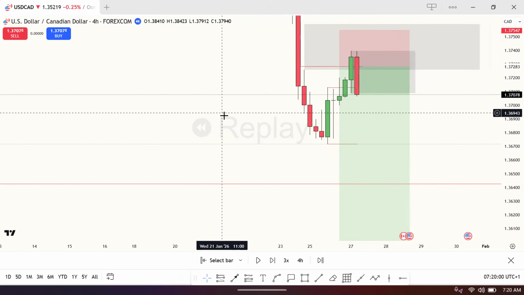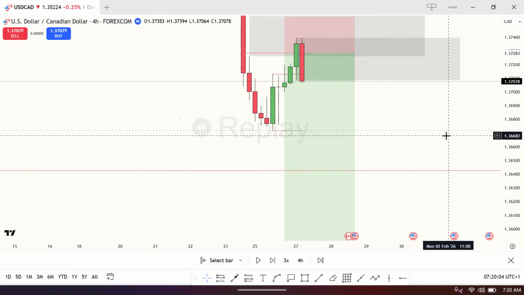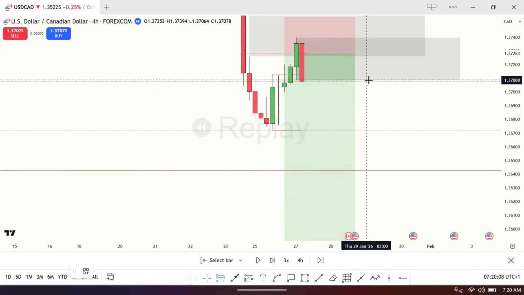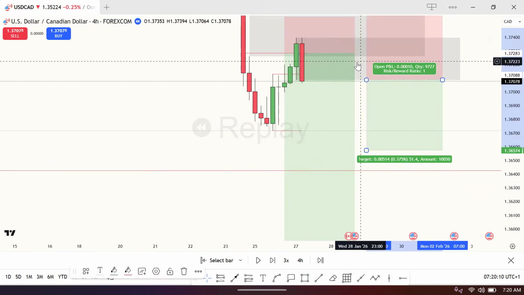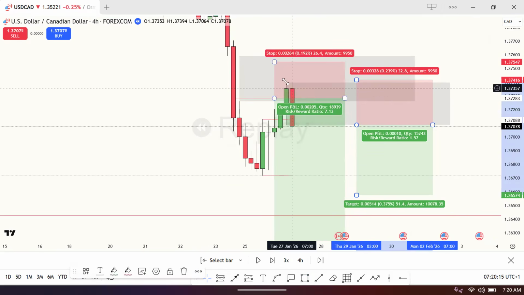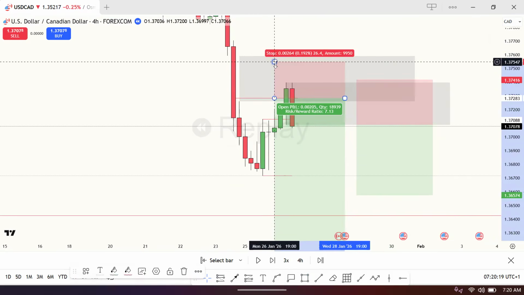And that is exactly how I framed the trade for the community, the entry for the community. So this was where I framed it. Stop loss above here, because now I know that this high should not be raided anymore.